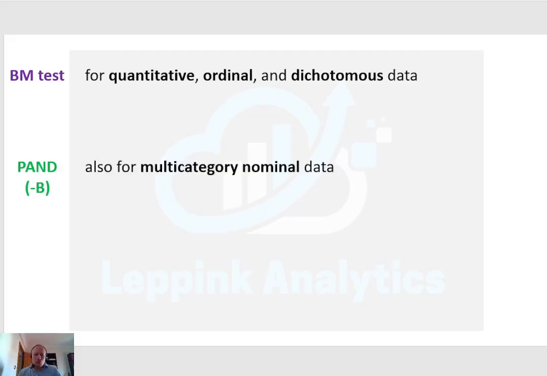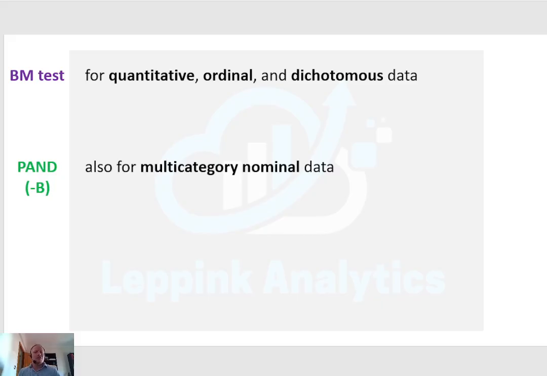However, one drawback of the BM test, that can actually be circumvented by the other solution, PAND, is that the BM test requires a clear natural order of numbers or categories and therefore cannot be used for so-called multi-category nominal data.